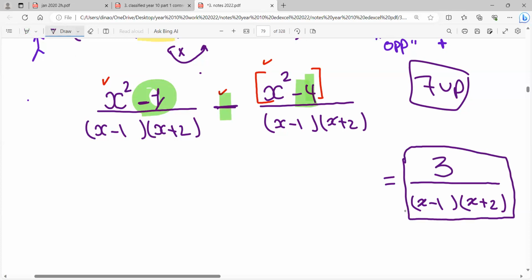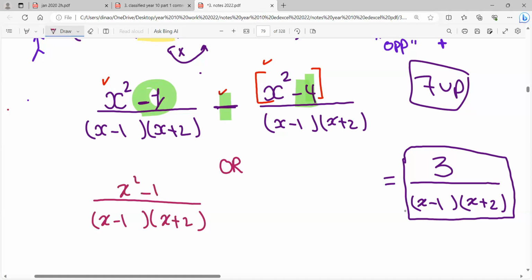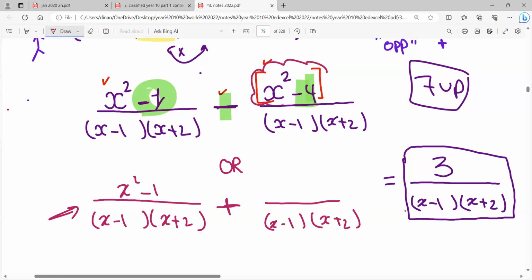If you cannot do it immediately and this will confuse you, again, you have the option to do the following. Keep the first fraction as it is, untouched. Change subtraction into addition, and by the way, this sometimes works in questions. The denominator doesn't change, just so we're clear.